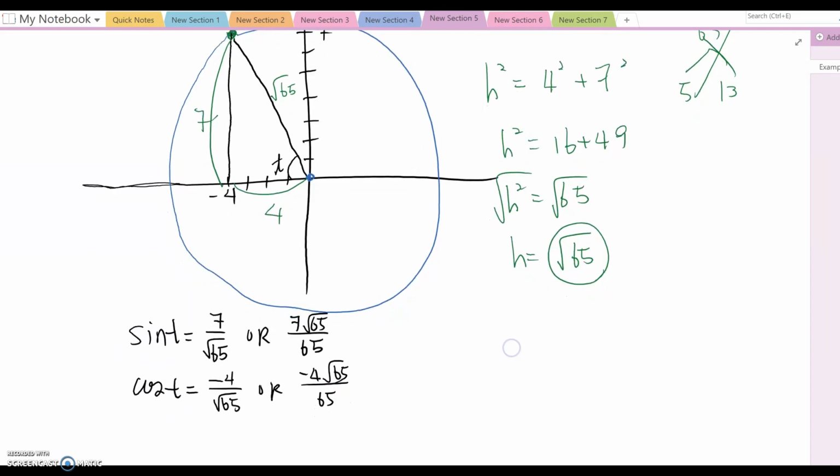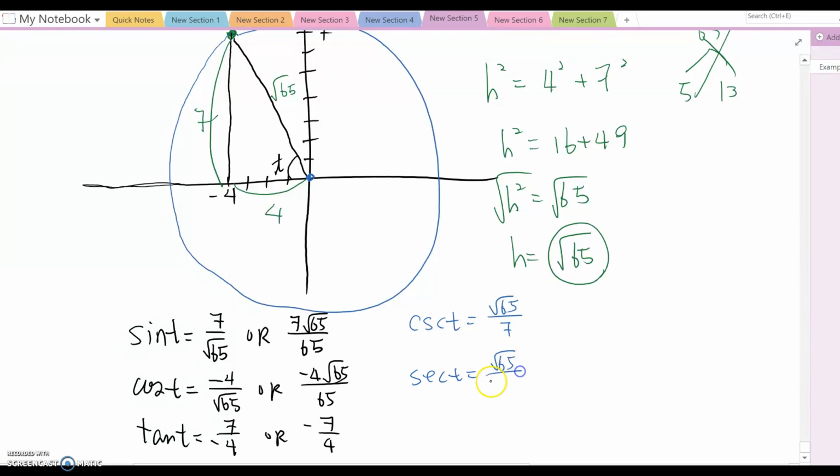And then tangent t means 7 over negative 4, or negative 7 over 4. So cosecant t means root 65 over 7. Secant t equals root 65 over negative 4. And cotangent t means negative 4 over 7. That will be the answer for this question.